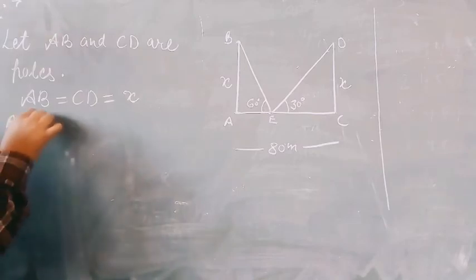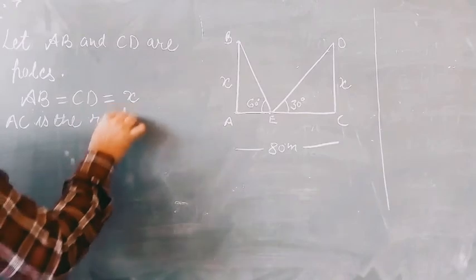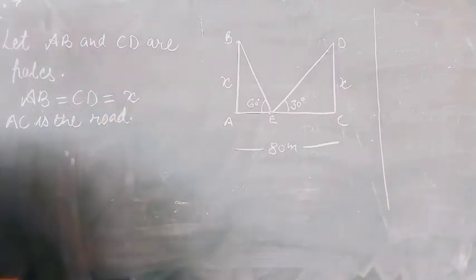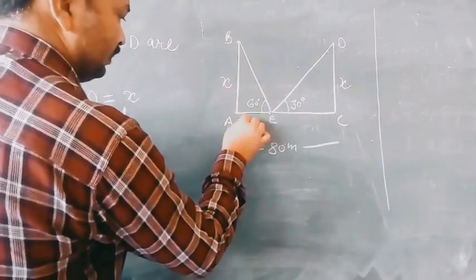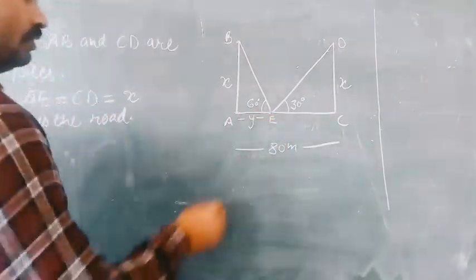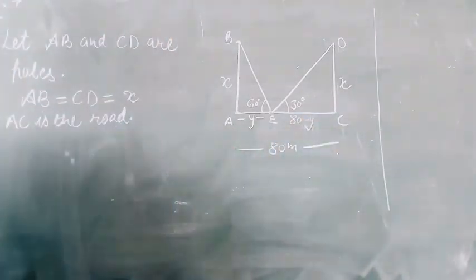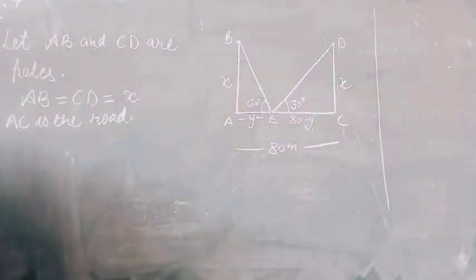Then AC is the road, and we know that it is given equal to 80 meter. So let the distance AE equal y. The total distance is 80, so EC will be equal to 80 minus y.